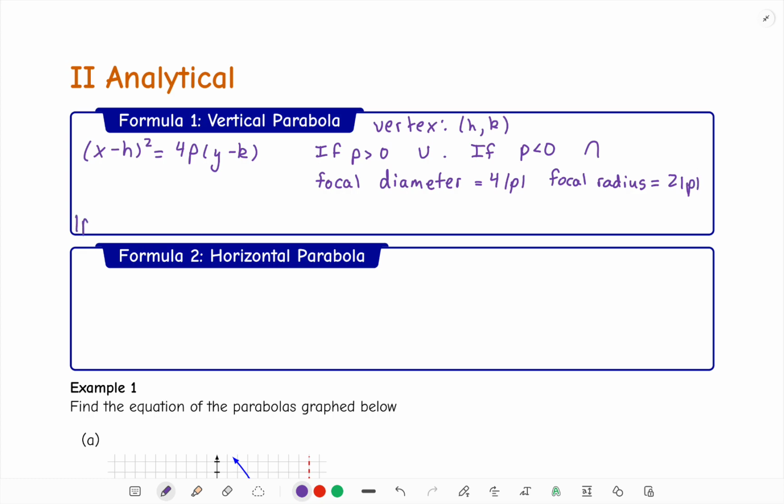And as a reminder, the absolute value of p is the distance between the vertex and the focus or directrix, whichever you prefer.